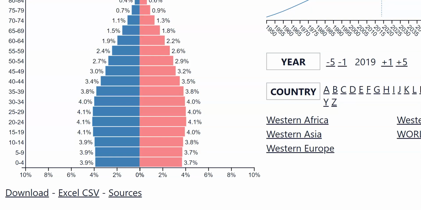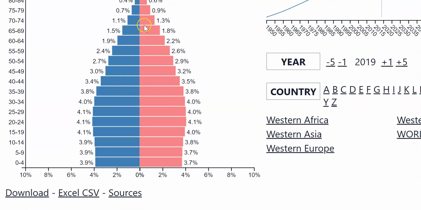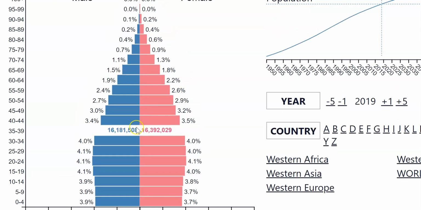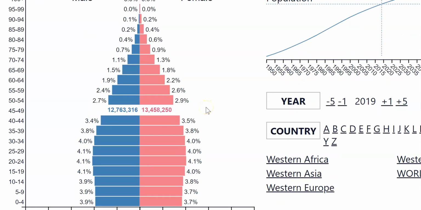You can see overall that females are actually living longer than the male population. So you maybe need to theorize why that is. Could it be that males live at a higher risk, that females take better care of themselves? All of those kinds of things may come into play.